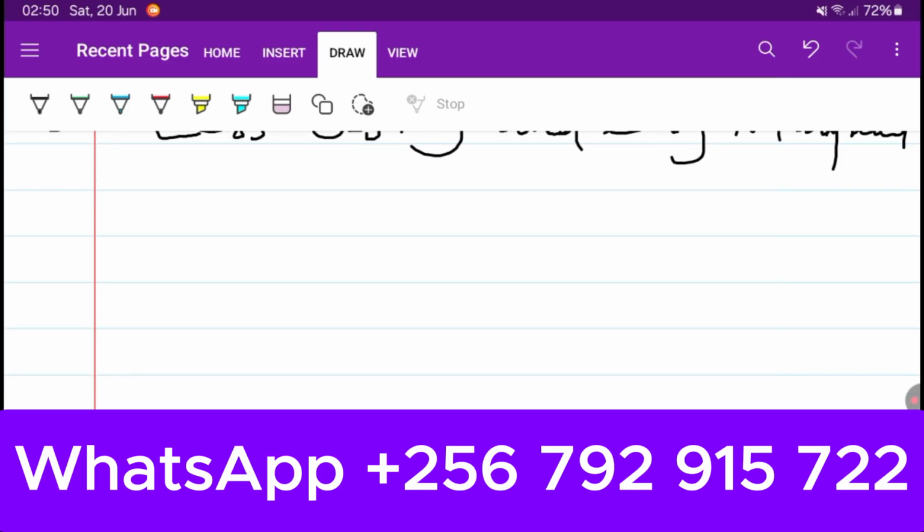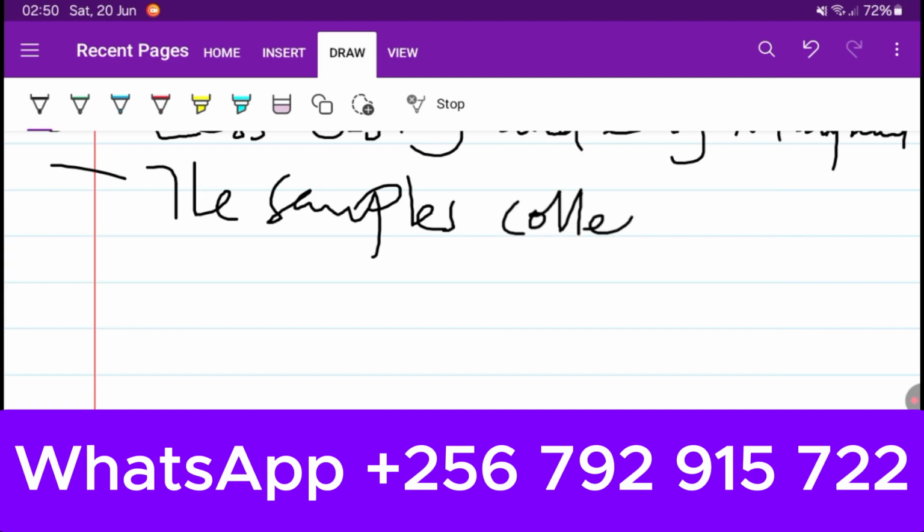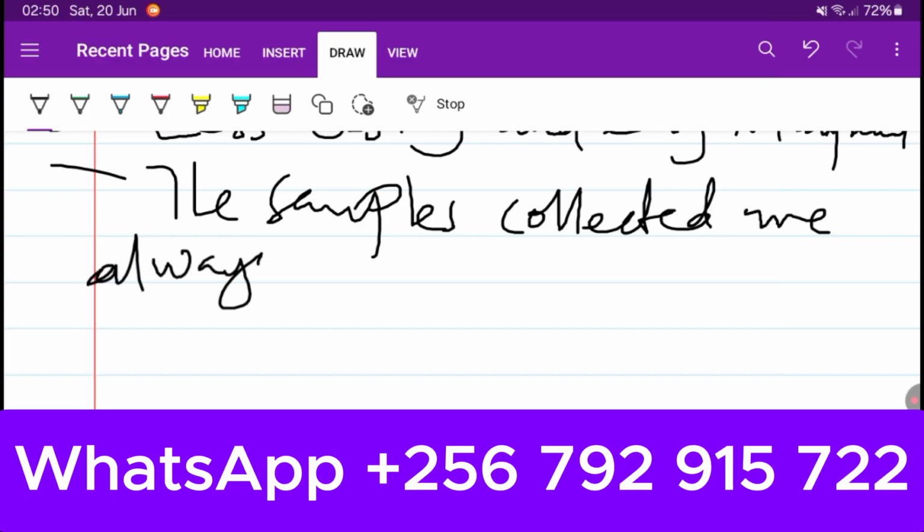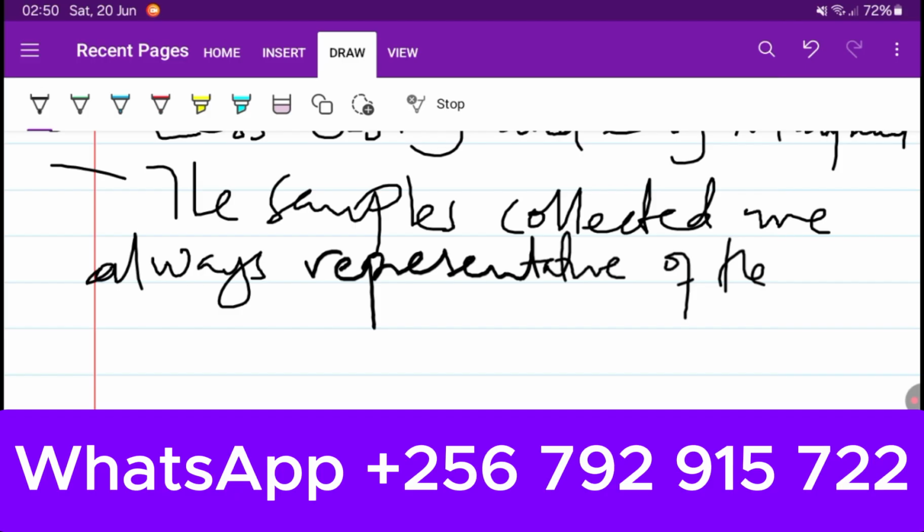Of course, the samples that we have collected are always representative of the population.